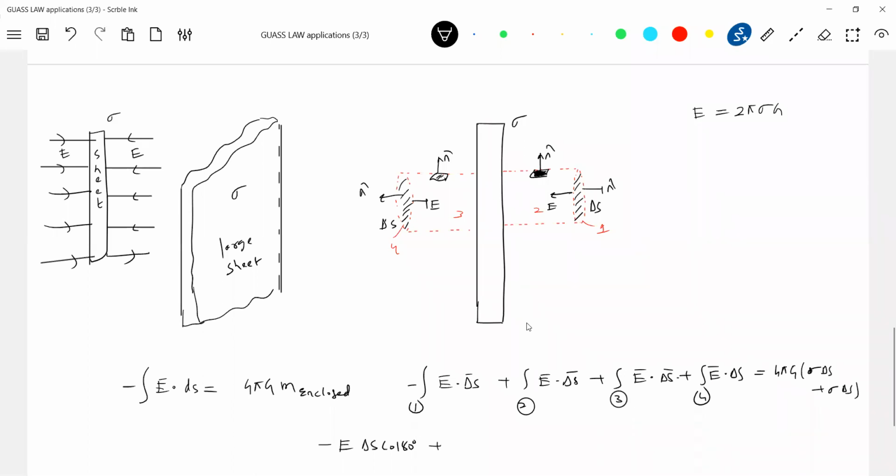Then what about at surface 2? It will be 0. Any reason for that? E delta S into cos of 90 degrees. Due to surface 3 it will be E delta S. Plus, I think for everything the minus sign will be there.